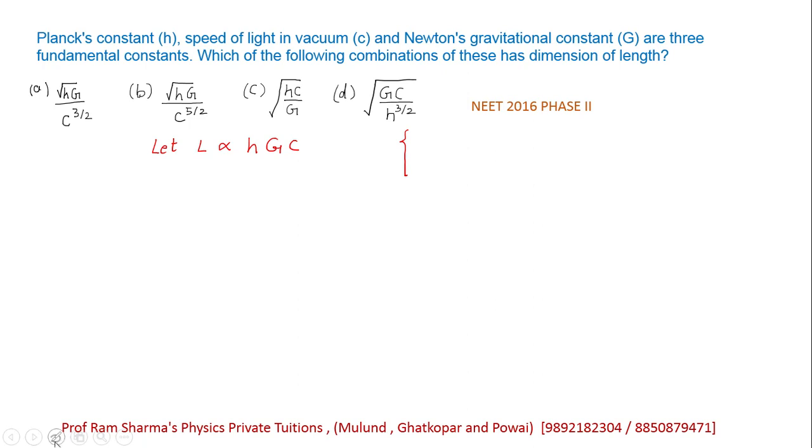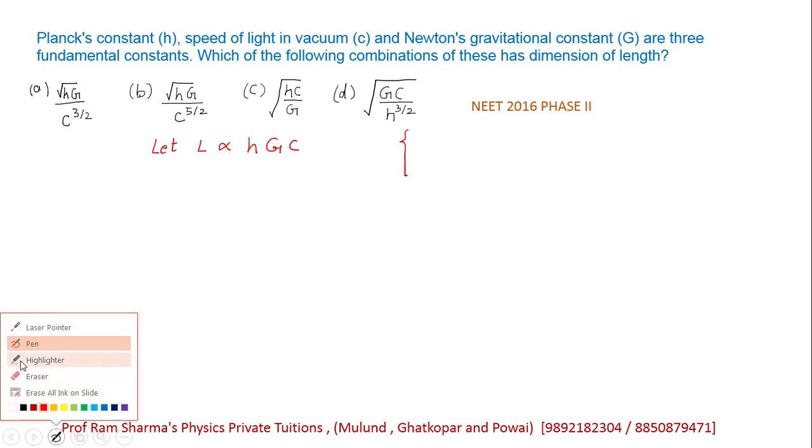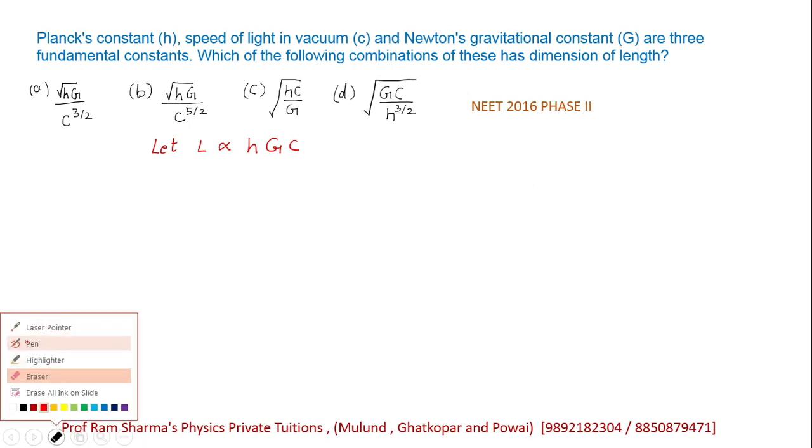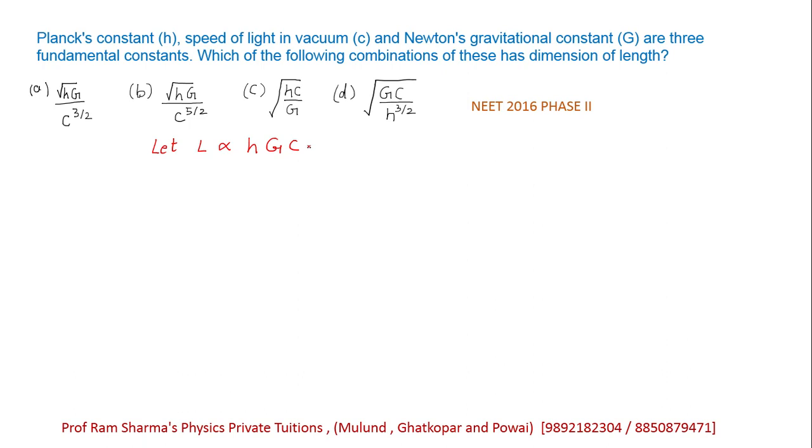So let's get the dimension of h and G first. We need to give the power also, so I'll call h raised to x, G raised to y and c raised to z, and here I will calculate the dimensions of h and all that.